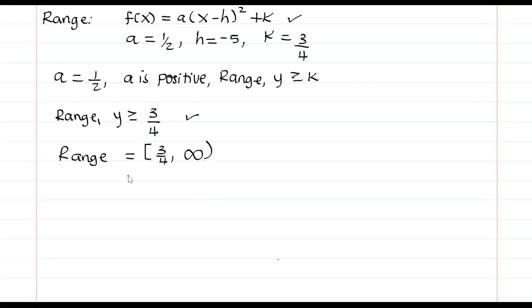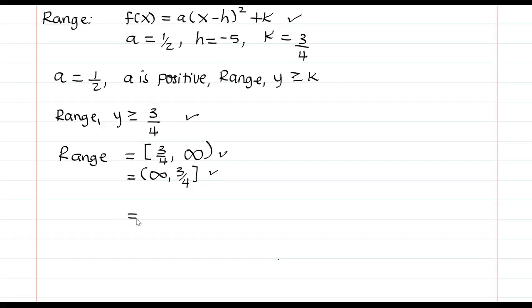Or someone can write it as our range coming from positive infinity and then it stops at 3 over 4. But 3 over 4 is inclusive, so you put here a square bracket. So these are interval notation.